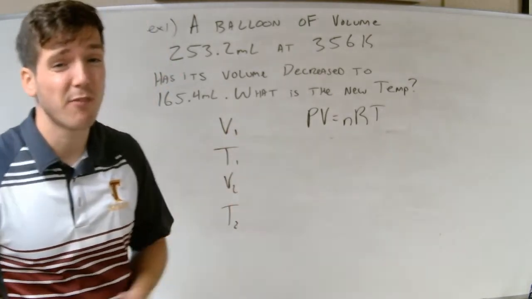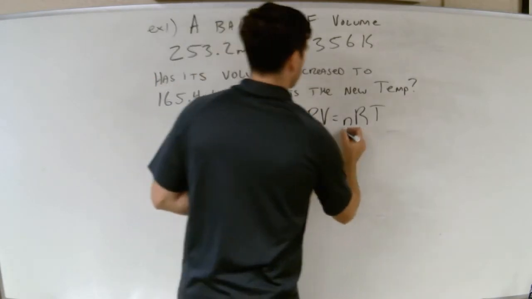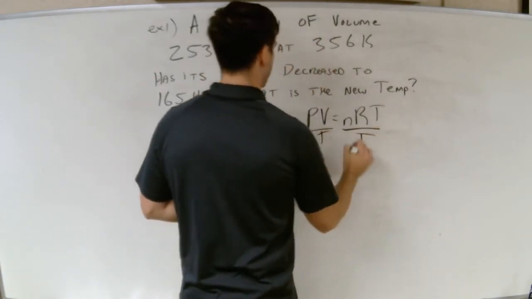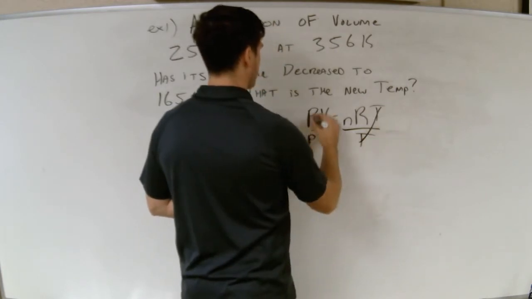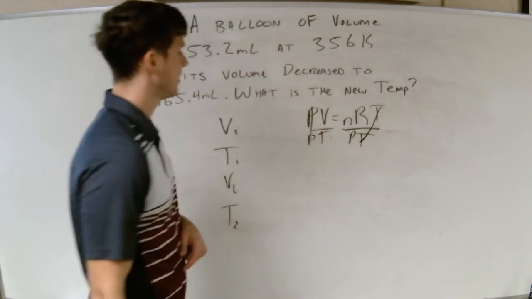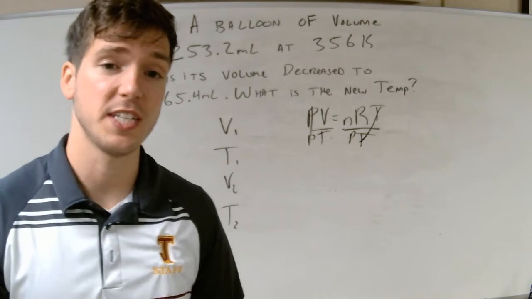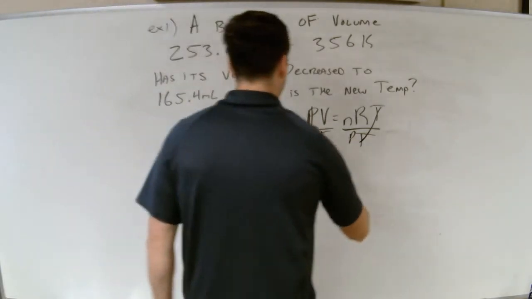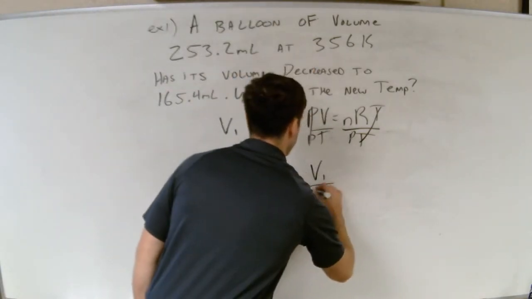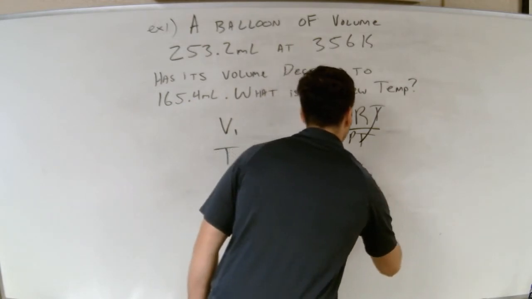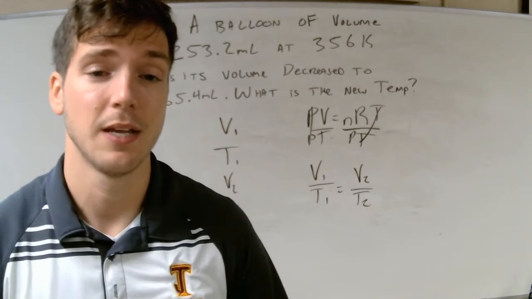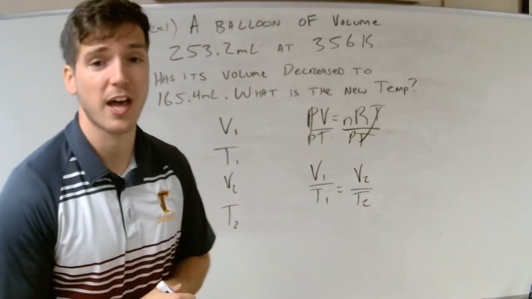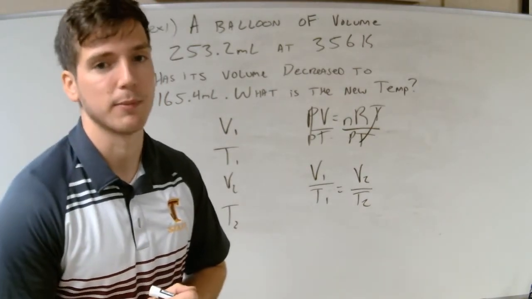Again, how am I going to get volume and temperature by itself? Let's get T over here, and then we've got to get pressure out of there, so let's divide by pressure. Now it's going to be volume over T. So we could derive an equation that V1 over T1 is going to equal V2 over T2.